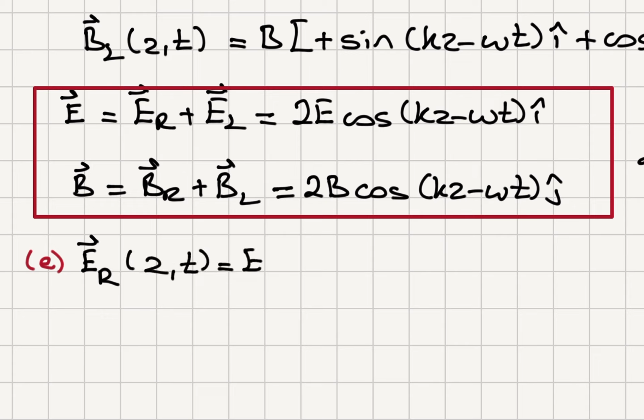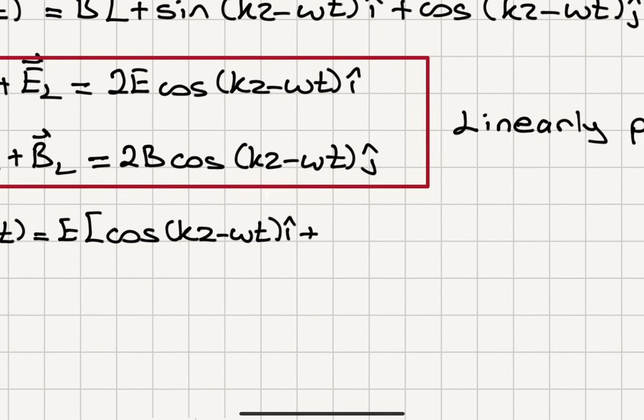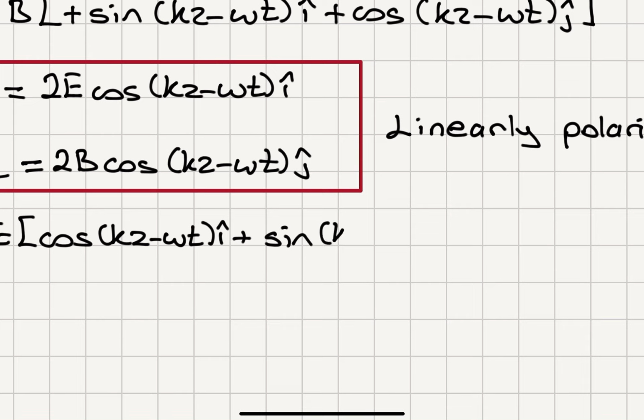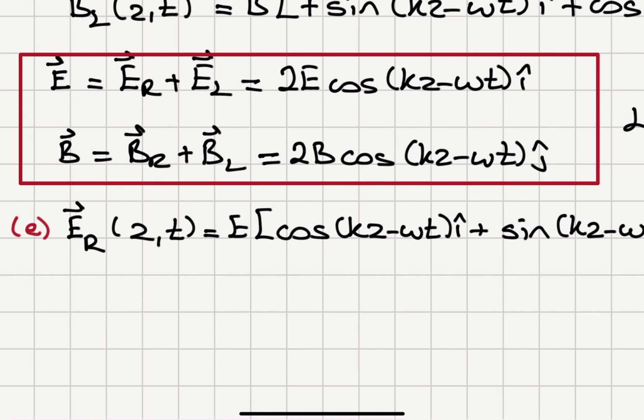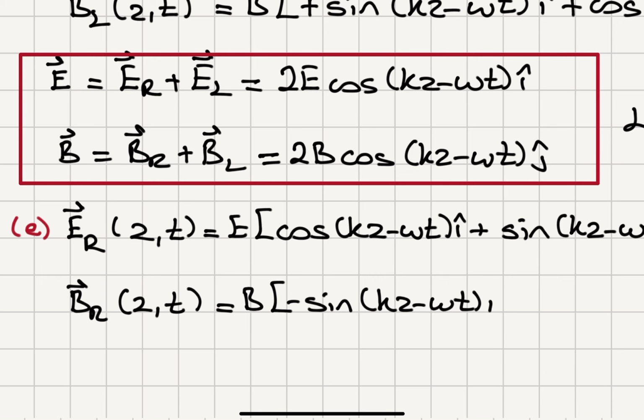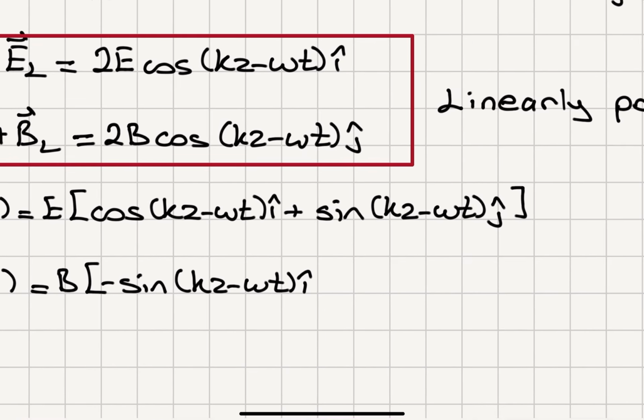It is E cosine(kz minus omega t) i hat plus sine(kz minus omega t) j hat, and the magnetic field component as a function of z and t is B minus sine(kz minus omega t) i hat plus cosine(kz minus omega t) j hat.